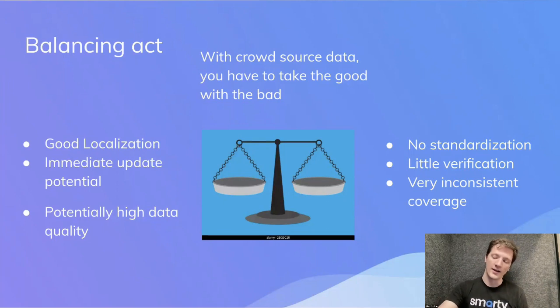One thing that I've seen a lot of is using some sort of external verification service, and this has some pros and cons as well. Let's talk about standardization in particular, because, for example, Smarty has a very good standardization service in our engine.